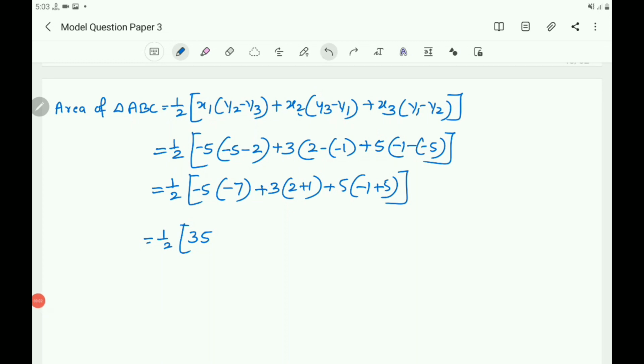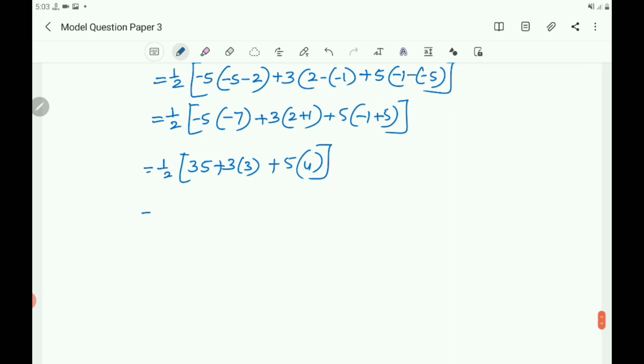Then you write plus 3 as it is, 2 into plus 1 is 3, plus 5 into minus 1 plus 5 is 4. Then you write half into 35 plus 9, 3 3s are 9, plus 5 4s are 20.